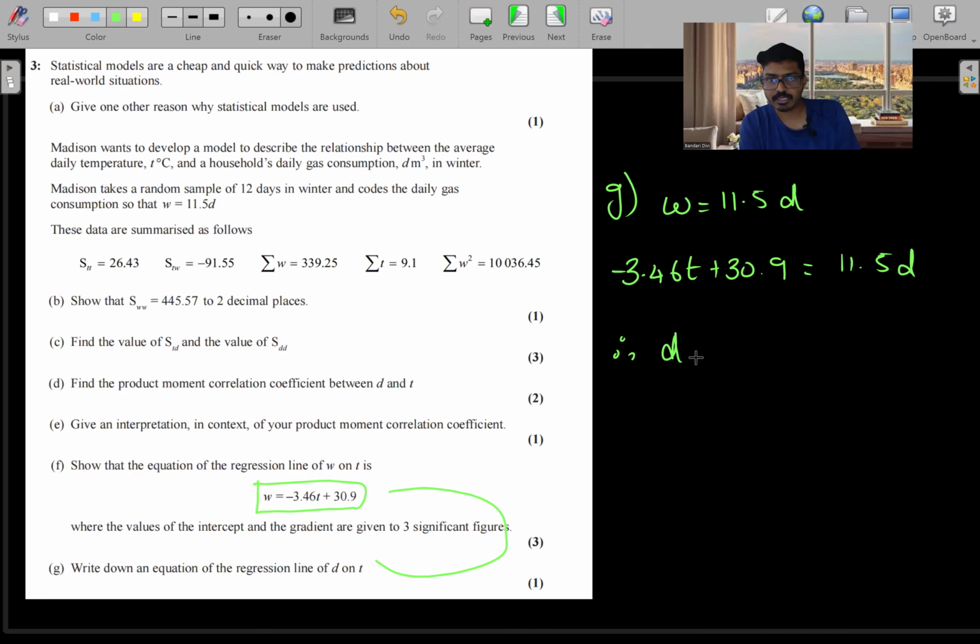In this case, D will be equivalent to, we have to write D on T, not T on D. So D on T.